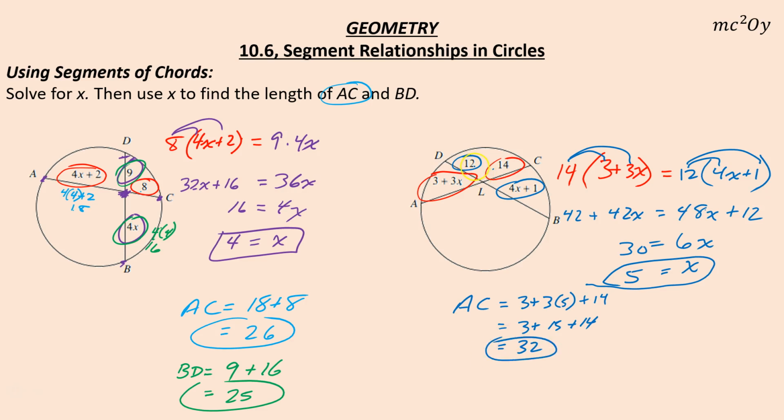And DB, or BD, equals 12 plus 4 times 5 plus 1. The 5 there. Or 12 plus 20 plus 1, or 33.